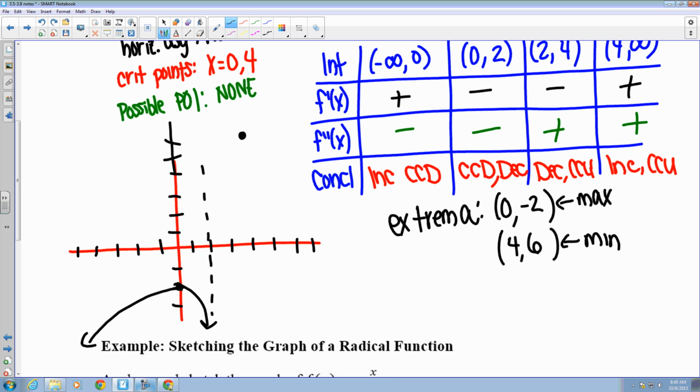From 2 to 4, so from the vertical asymptote up until the minimum, we are decreasing and concave up. And then from the minimum to infinity, we are increasing and concave up. Okay, so that might not be exactly what the graph looks like, but that is a very good rough sketch based on what that table shows us.